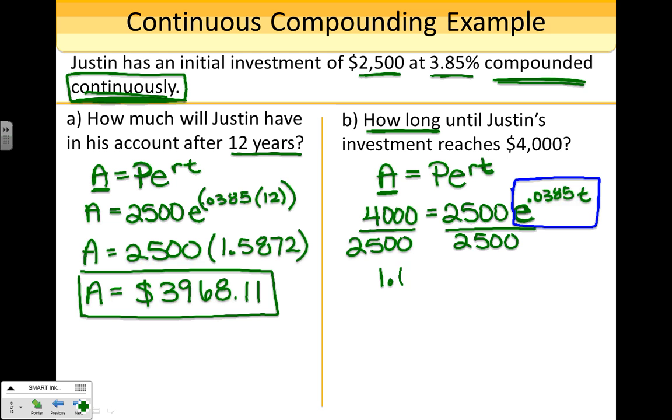So we have 1.6 equals E to the 0.0385t. And now that we have that base isolated alone with its exponent, we can take the natural log of both sides.